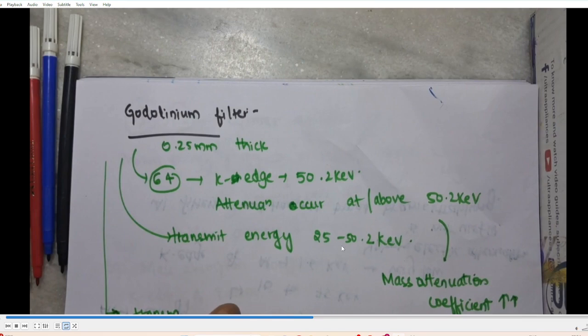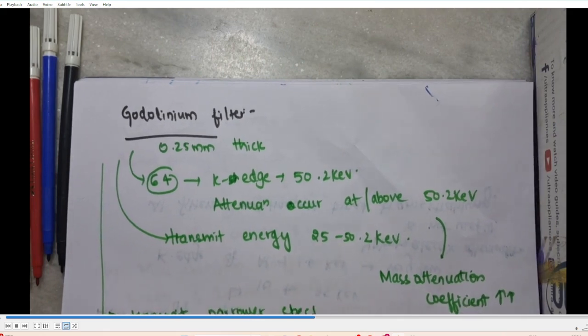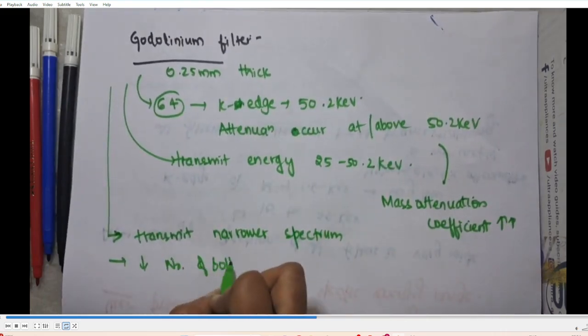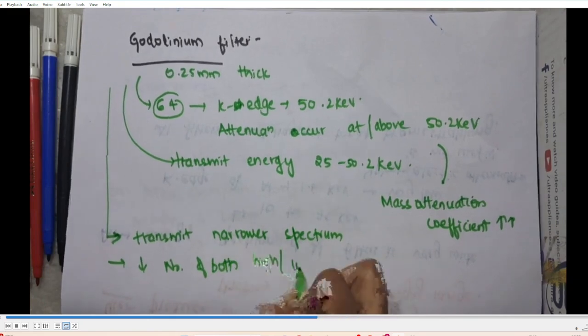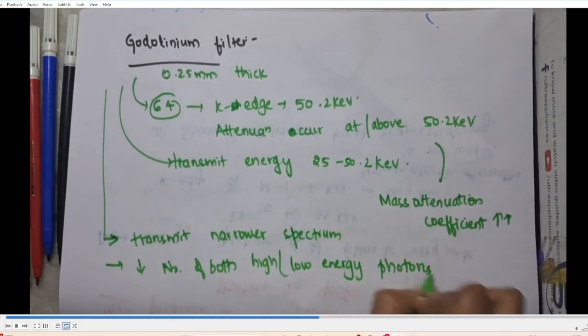Immediately above 50.2 kilo electron volts, the mass attenuation coefficient of gadolinium increases dramatically, and the number of transmitted photons is correspondingly diminished. This heavy metal filter transmits a significantly narrower spectrum of energies than aluminium, with a decreased number of both high and low energy photons.